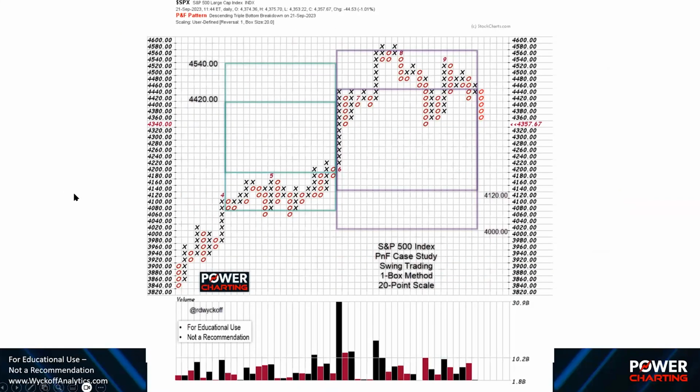You saw this chart the last time we met, and this is the S&P 500 one box reversal, 20-point scaling, and this is a distribution that formed from June of 23 to September.